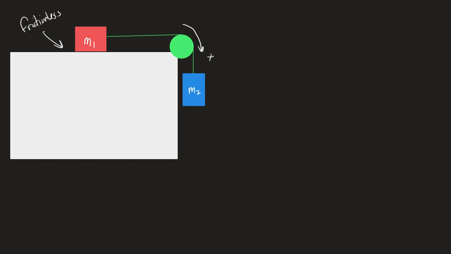Now, these problems are very similar. You should be able to set this problem up pretty easily. Free body diagram for the object on the table. I think it's experiencing three forces, don't you?